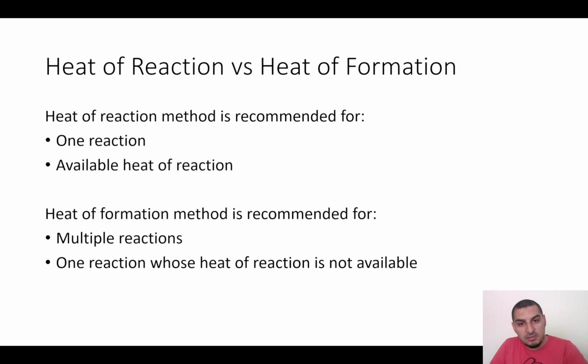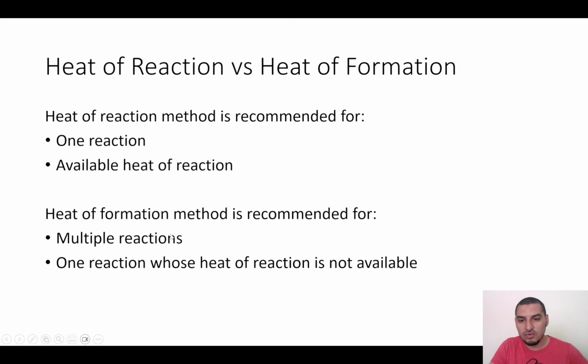The heat of reaction method is more favorable if you have one reaction and you know how to calculate the heat of reaction. This is how you will be looking at the heat of reaction method, or when it's better to use it. If you have multiple reactions, you will have more than one xi delta HR. You will have xi1 delta HR1 plus xi2 delta HR2.